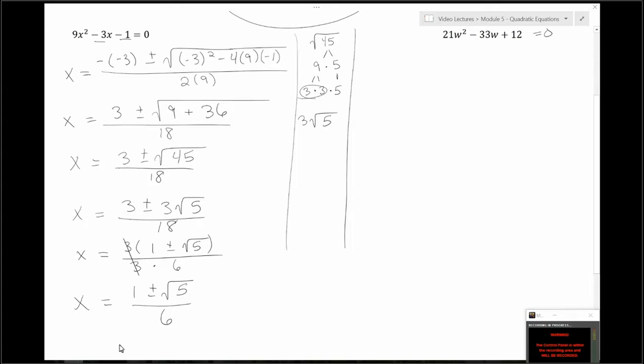So our quadratic goes through the x-axis twice at these 2 points.